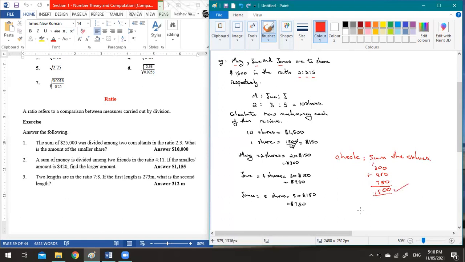So we're correct. So this is a basic way of doing ratios. You add the ratios to see how many shares everybody has in total, find the value of one share, and then multiply everybody's shares by that one value.